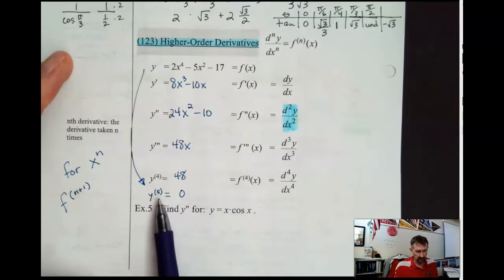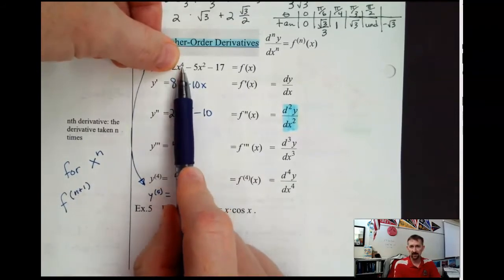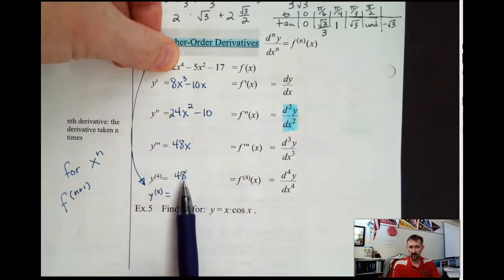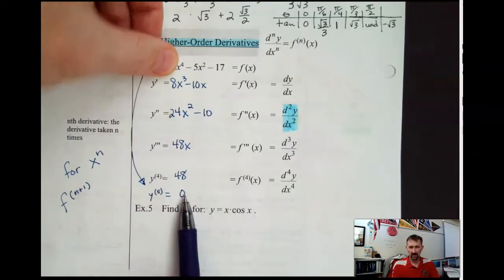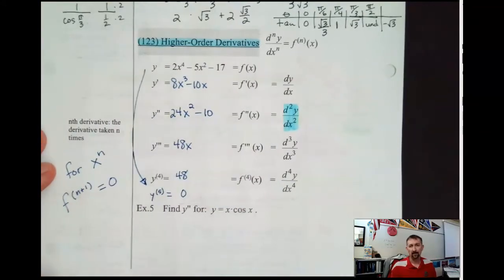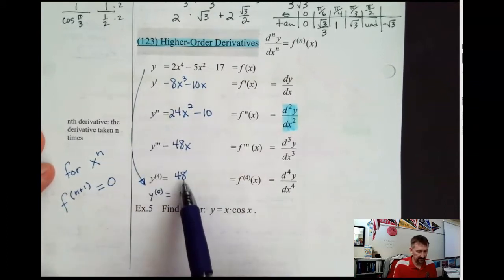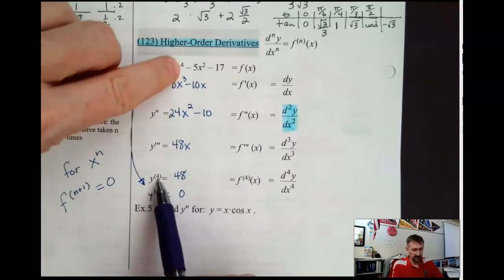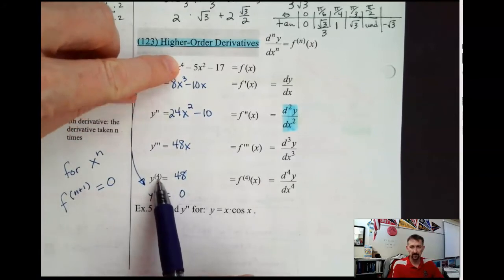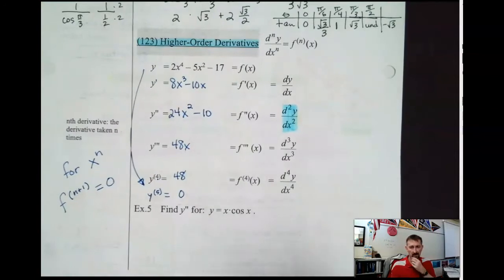If you take any derivative one more time than the degree, so taking it the degree times, you're going to end up with a constant. But if you take it one more than that, it's automatically going to be 0. Because you're going to run out of the variables. You get a constant when you take the same number of derivatives as the degree, and then if you go one more time, it's going to be 0.